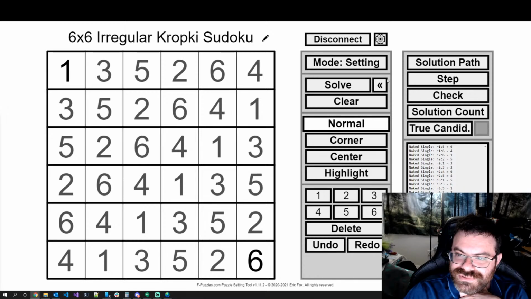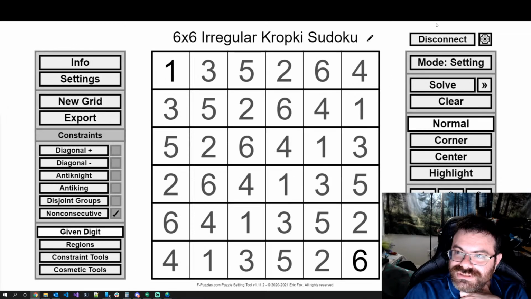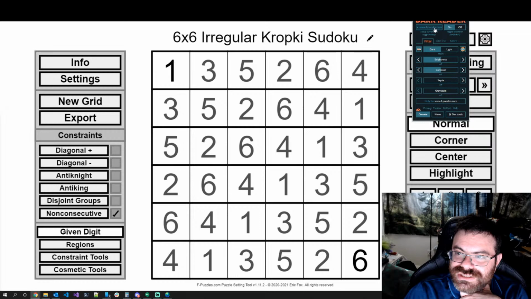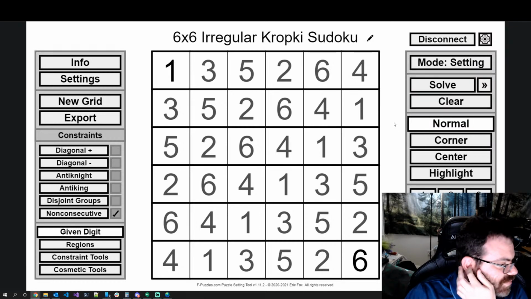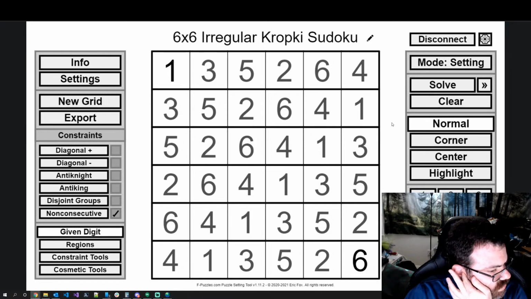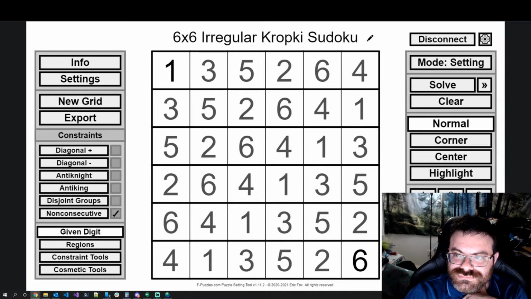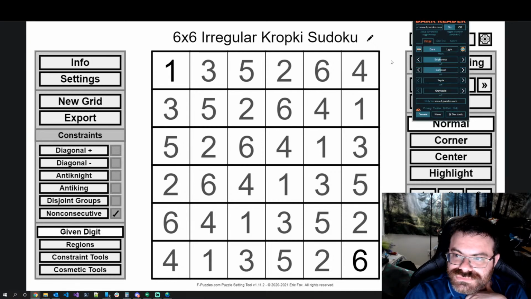Yeah, that's my dark mode plugin. I use this thing called Dark Reader, which makes most websites dark mode. It's an extension for Chrome.